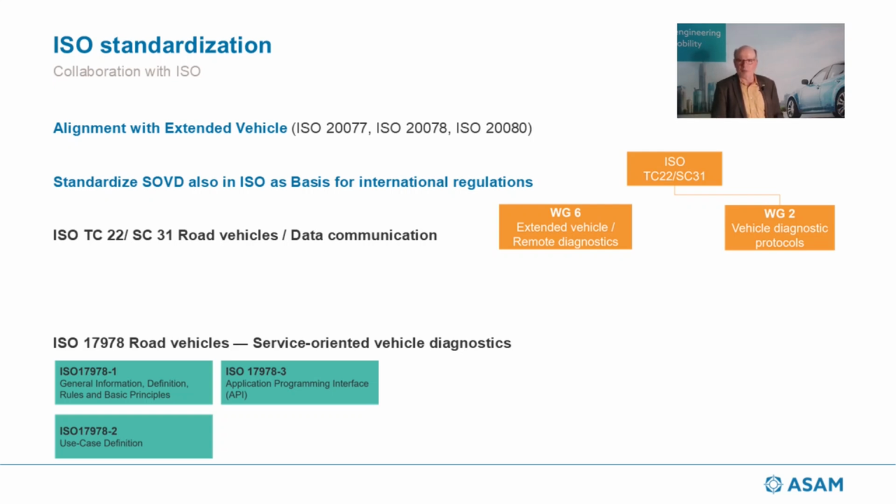And you see the problem here in the ISO that is running in TC22 SC31, but in 2 different work groups. Work group 2 is responsible for part 3, and work group 6 is responsible for parts 1 and 2.